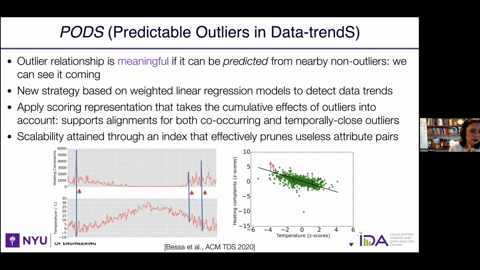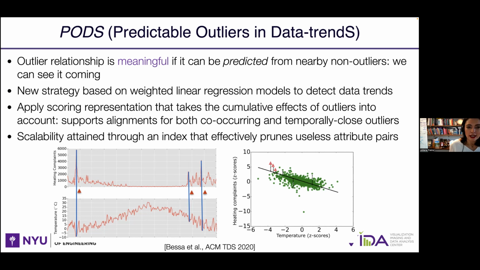So we investigated this problem of, how can we actually come up with good measures that can enable us to explain outliers in data sets, right? So we propose this notion of an outlier relationship is meaningful if it can predict it from nearby non-outliers.